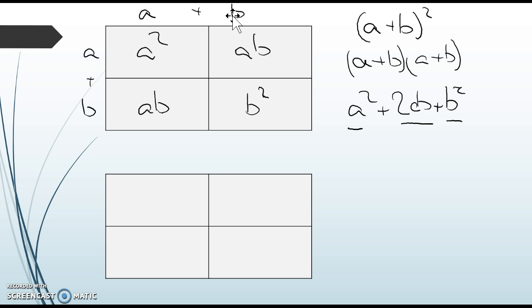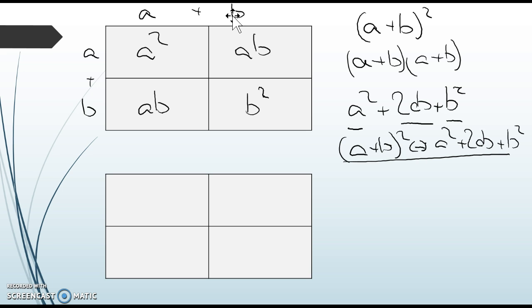We actually have a rule here. So (a plus b) squared is the same as a squared plus 2ab plus b squared. So there's one of our rules.